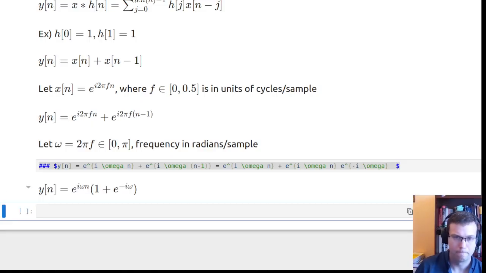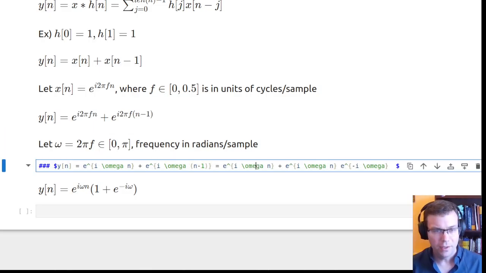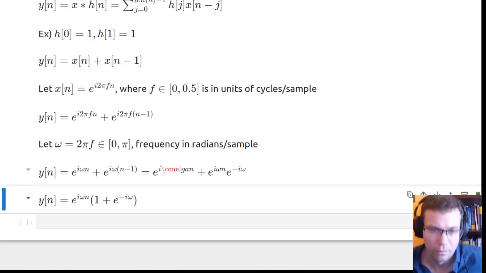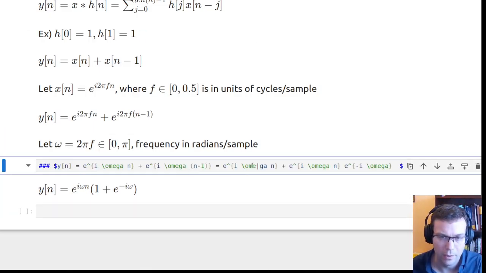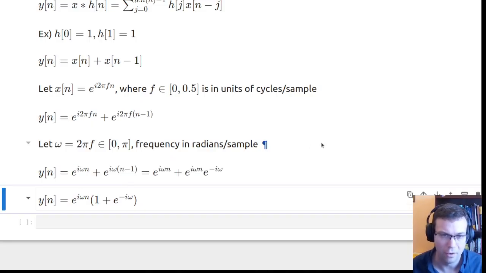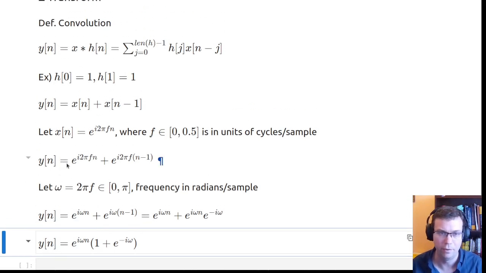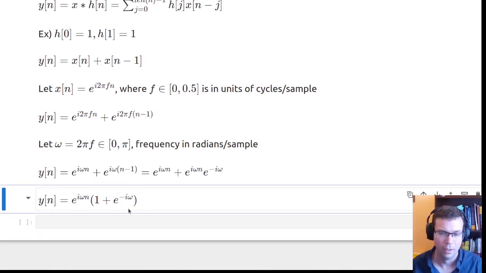All right. What I'm really trying to do here is find out what happens to the phasor that I put in. I would like y of n to be a phasor that I can look at and compare to the input phasor x of n. Now, if you remember, the canonical form for phasors is some amplitude, which is a real number, times a pure phasor, a magnitude 1 phasor.